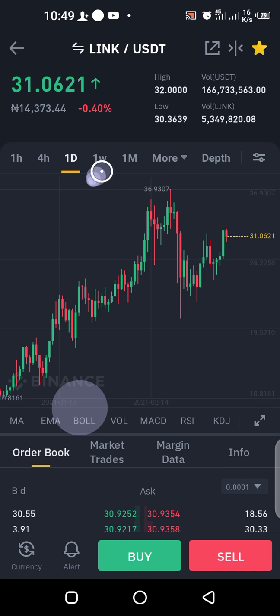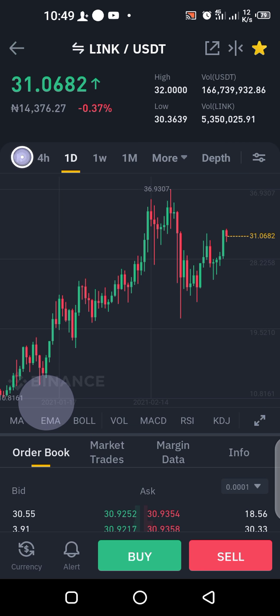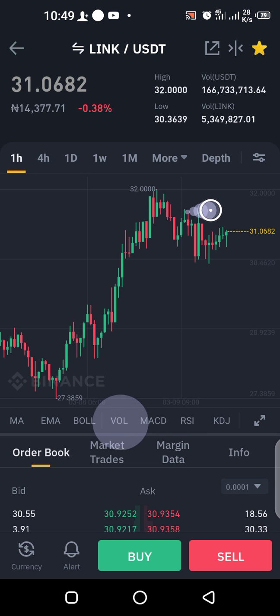Now that you know the resistance and support levels in the daily chart and weekly chart, you switch to your hourly chart. You know the resistance and support levels again. If you enter this consolidating market around this place, and maybe the market recovers and starts forming a bullish trend, the point where you'll be targeting is this.